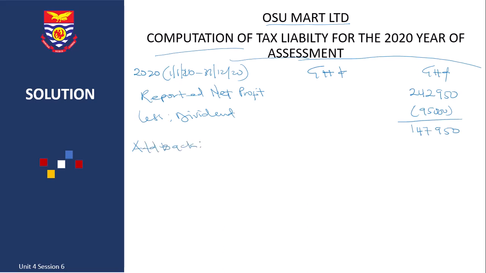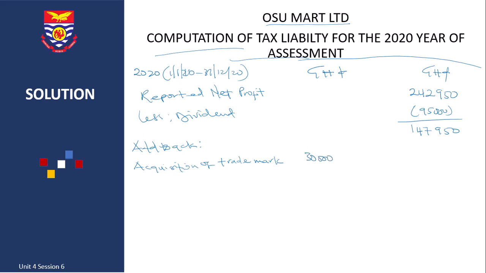Now let us look at the expenses disallowed. So we have from the financial statement, we acquired trademark, so acquisition of trademark. We know trademark is a depreciable asset, class 5, and is of capital nature. So we have to disallow this, and the amount is 30,000.